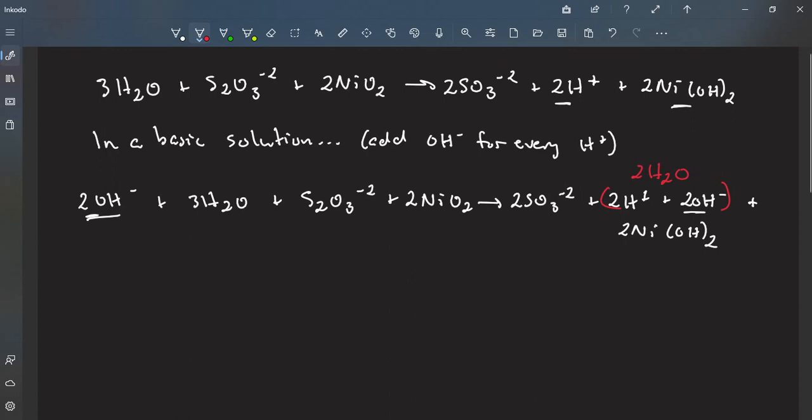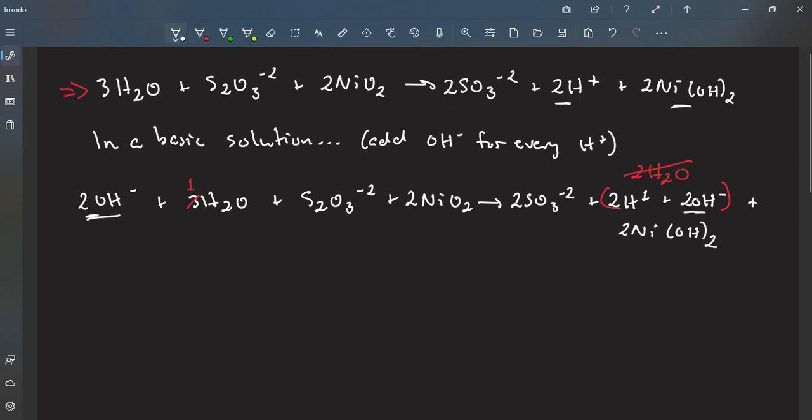And what we did before in our last step is, before we got to here, is we added everything and we canceled. Now in this case, because we've added the OH on the right and created water, 2 waters, we can now cancel these 2 waters and reduce the number of waters on the left. So there were 3, since we've canceled 2, there's only 1 left. 1 H2O on the left.